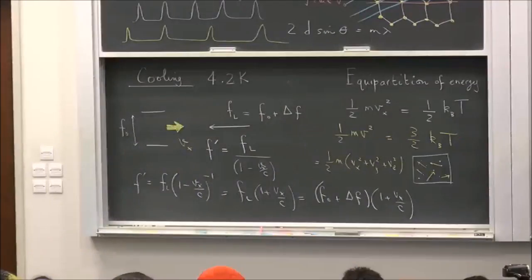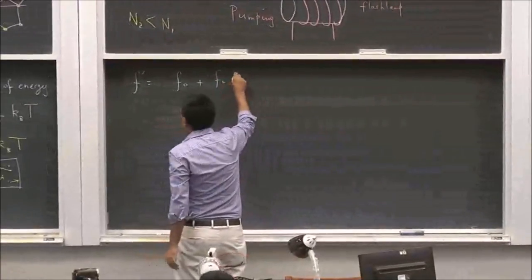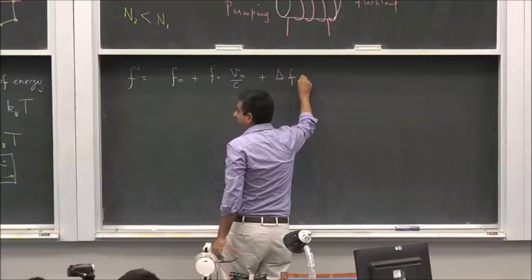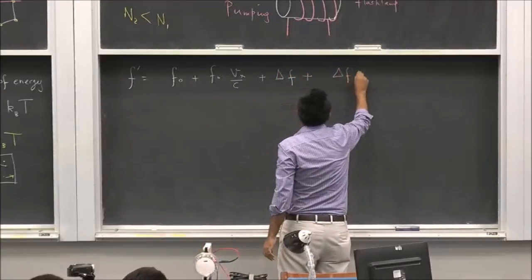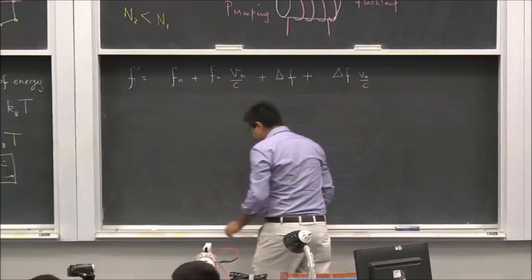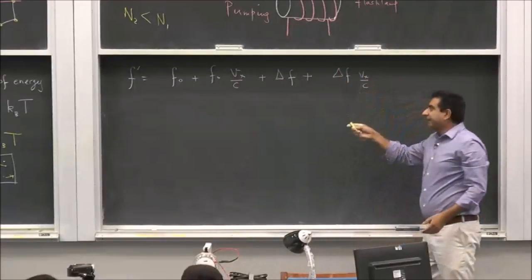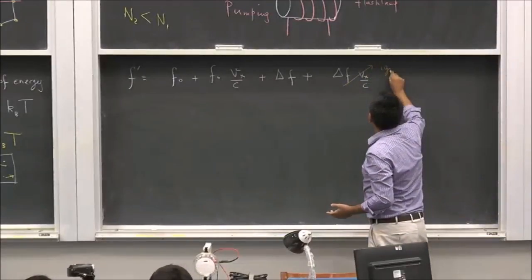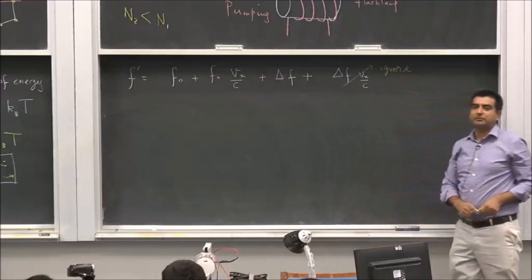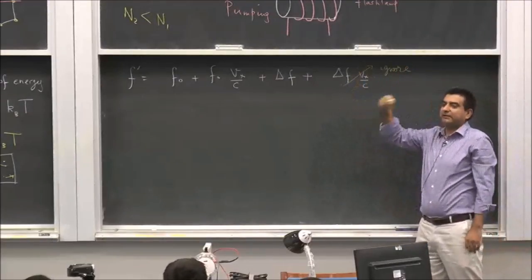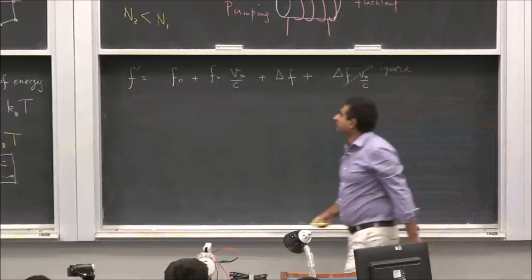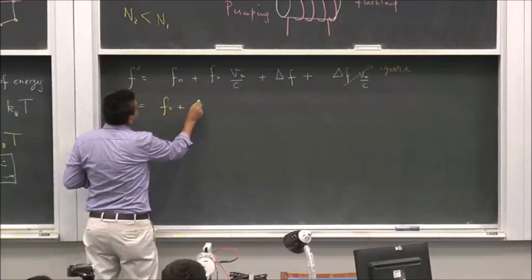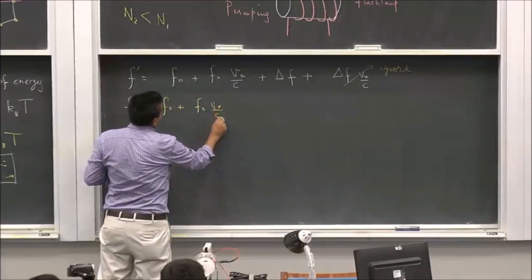Let's expand this first: F0 plus F0 Vx over C plus delta F plus delta F Vx over C. Now Vx over C is small, and if delta F is small, a small number multiplied with a small number is even smaller, so I can ignore this term. So F prime is now F0 plus F0 Vx over C plus delta F.